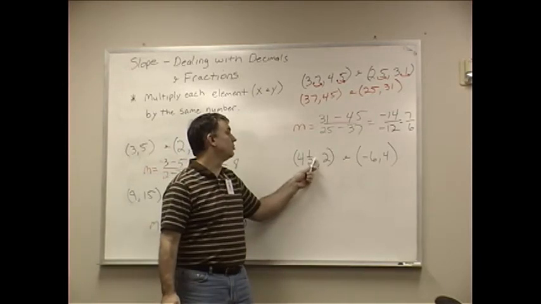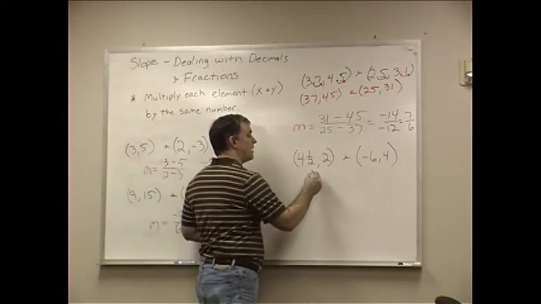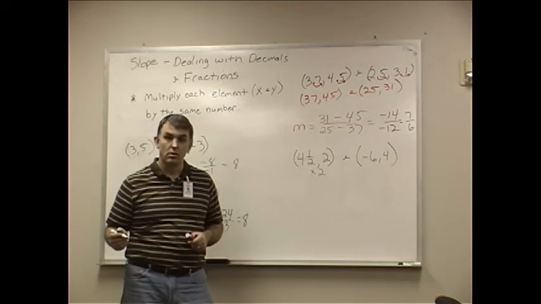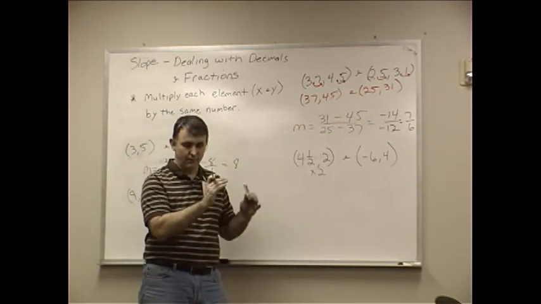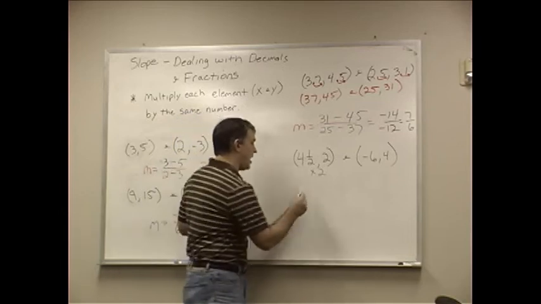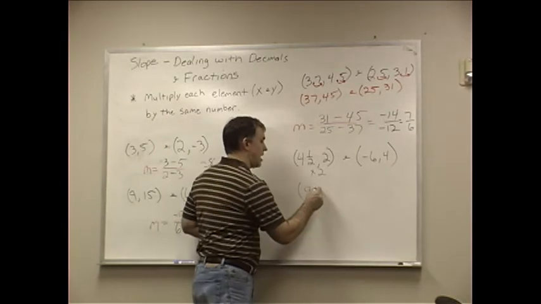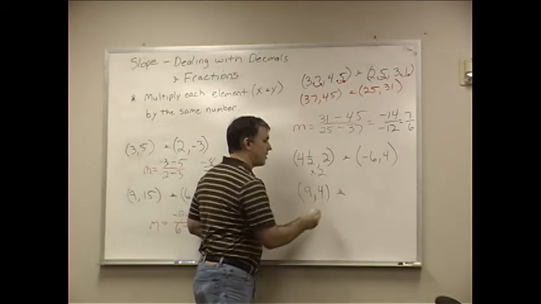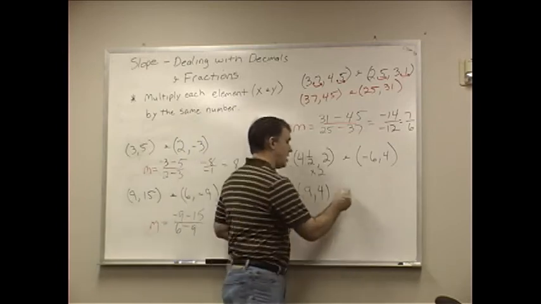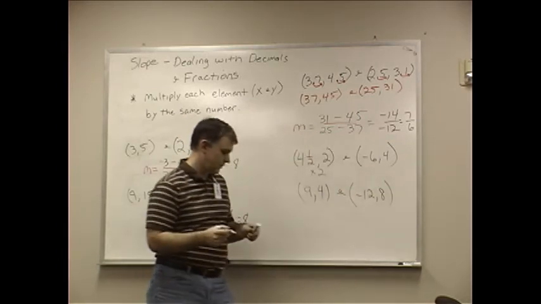But since this is the only one, 4.5, we can multiply everything by 2. What's 4.5 times 2? Well, I'll just visualize it. 4.5 plus 4.5. I hope you come up with 9. So we get 9, 2, and 9, 4, multiply everything times 2, and -12, 8.